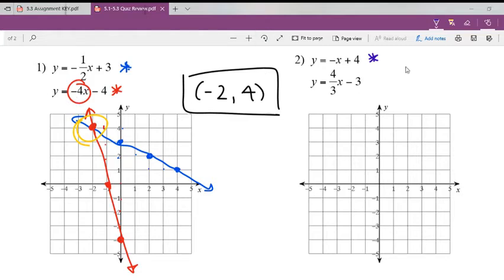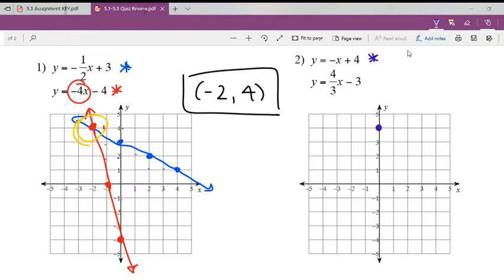What would my y-intercept be in -x plus 4? Yeah, 4. Oh, did you? I couldn't hear you. That's okay. Okay, so it's 4. So put it down at 4.